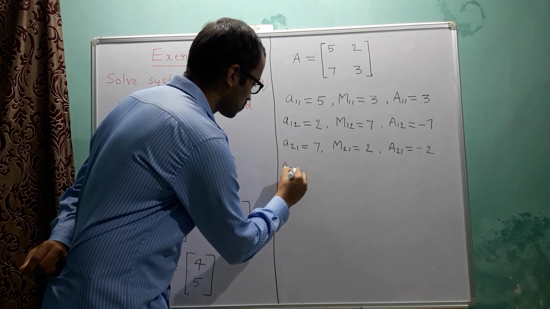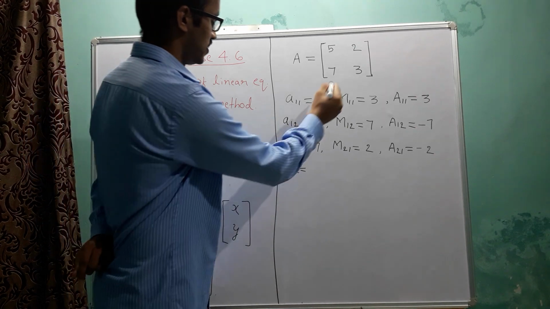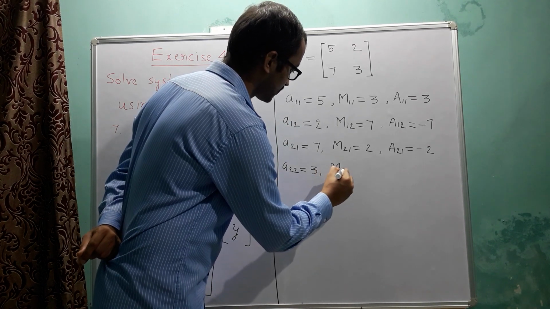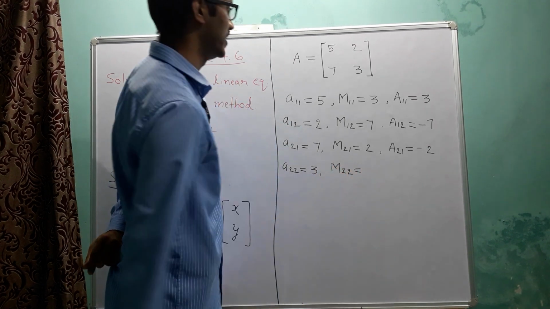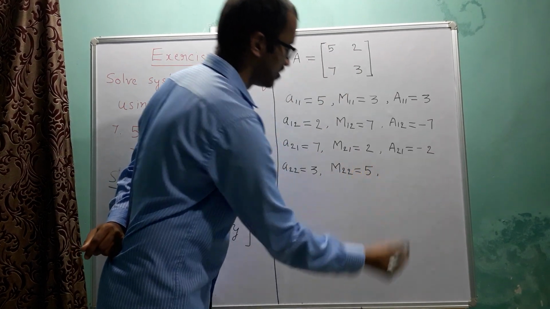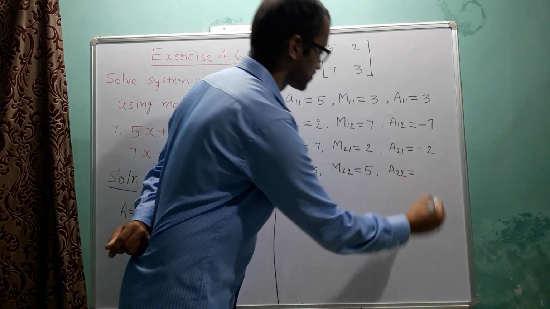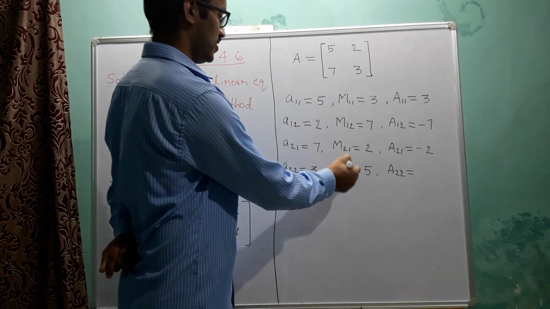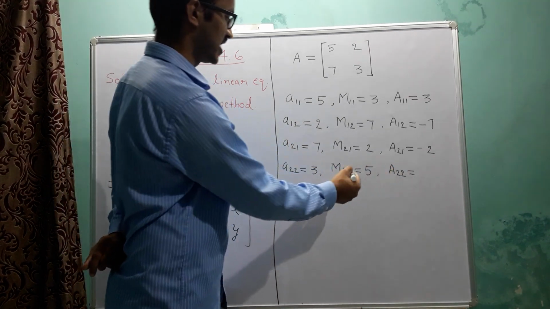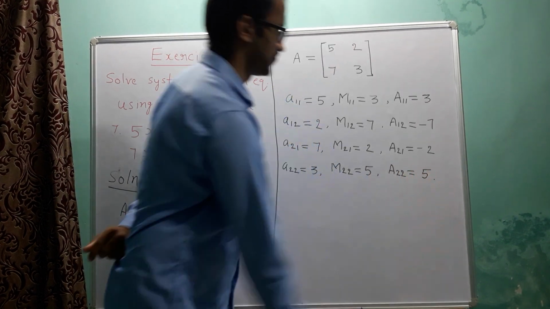Next A22, the second element in the second row, that is 3. Its minor M22 is the diagonally opposite element, 5. The corresponding cofactor is denoted by A22. Here the sum of the suffix, 2 plus 2, is 4, which is even. So the minor and cofactor will be the same. So the A22 value becomes 5.